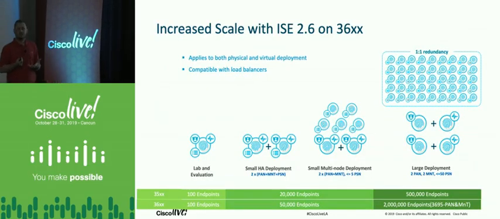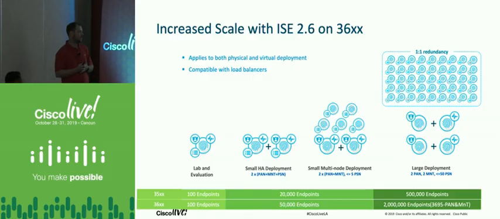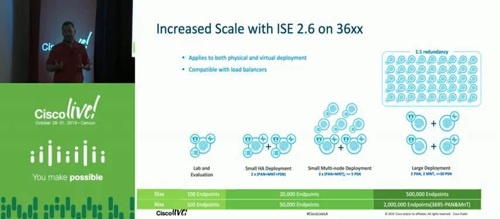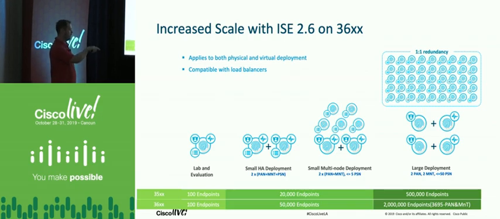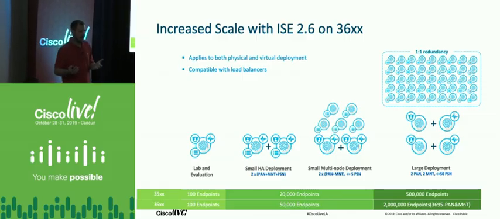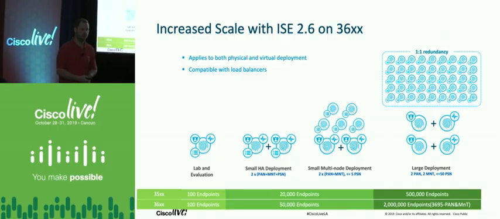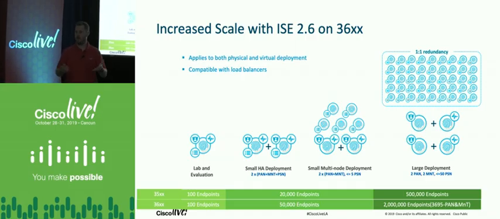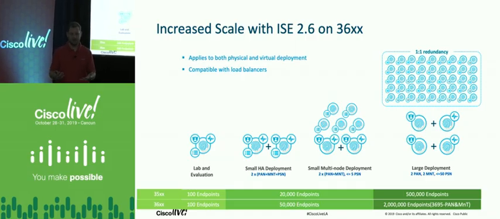Now with these 3600 appliances, the increased scale comes in a couple places. The two that are really exciting for me, one is this small HA deployment. One of the things that we got a lot of requests on was, hey, I've got 22,000 endpoints on my network, and now I've got to go to a 4-node ISE deployment.